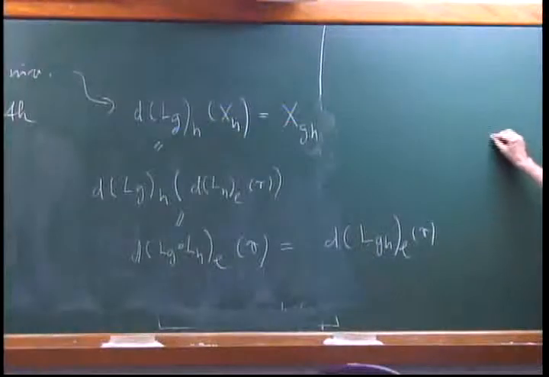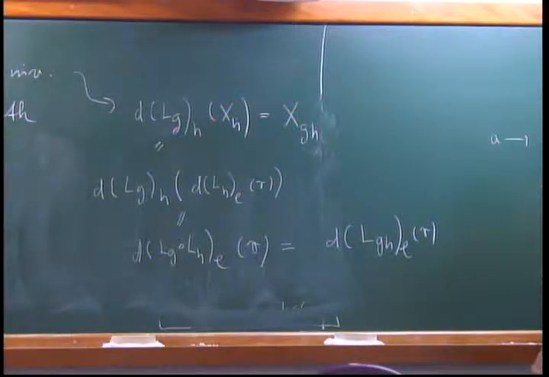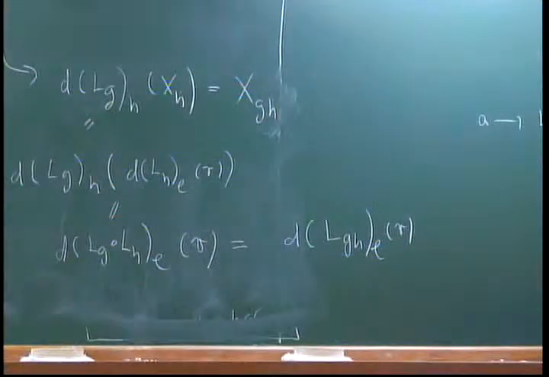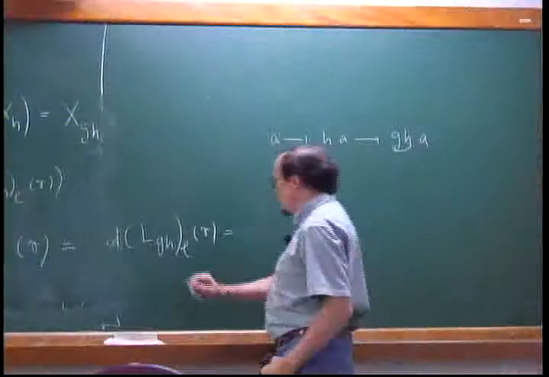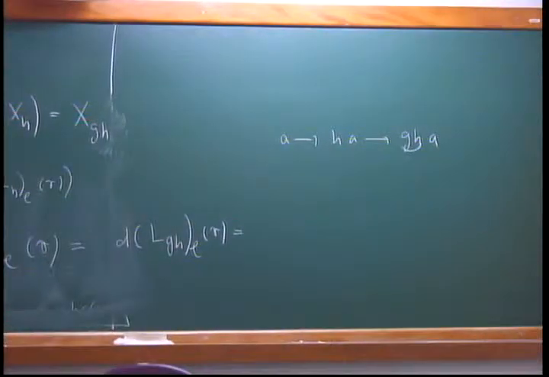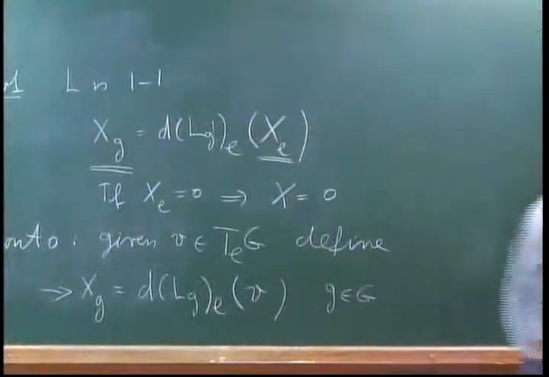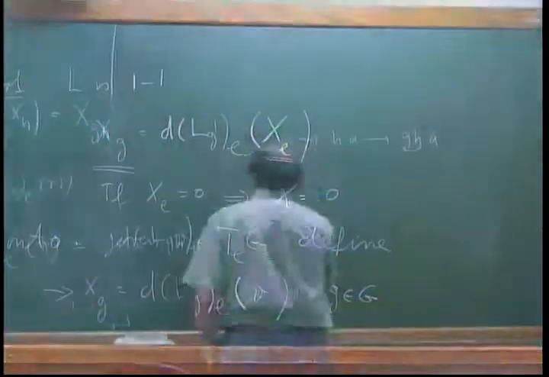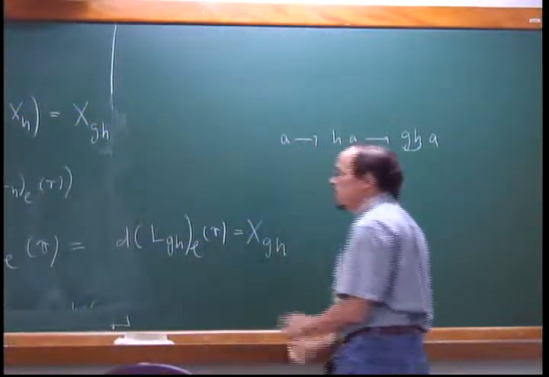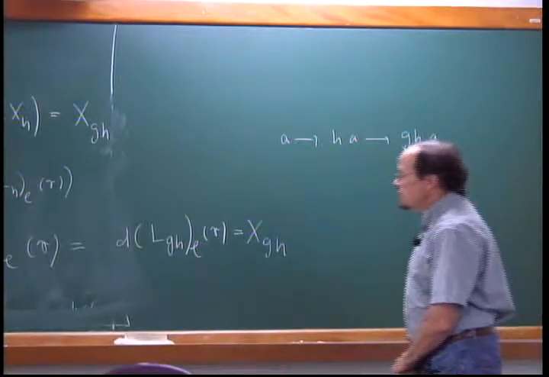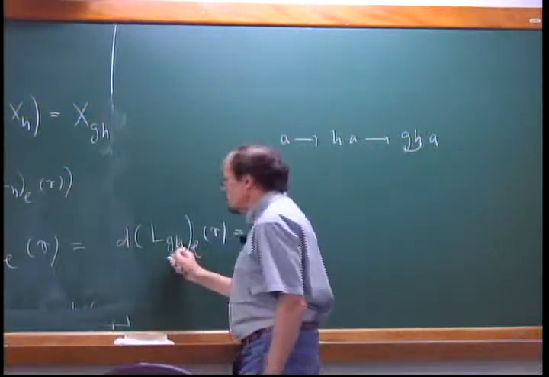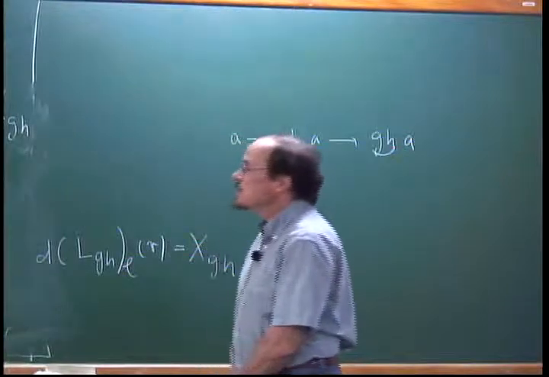If I first multiply by H on the left, and then by G on the left, it's the same thing as multiplying by the product on the left. So by definition, that's precisely the vector at the point G times H. Okay, that's it. Left invariance is just plugging in and using this fact about left translations.